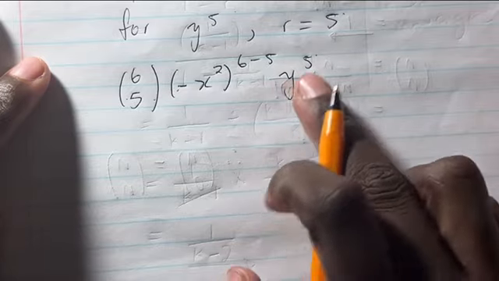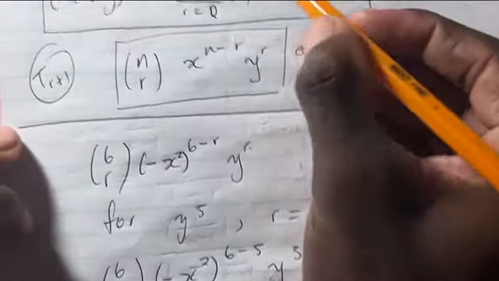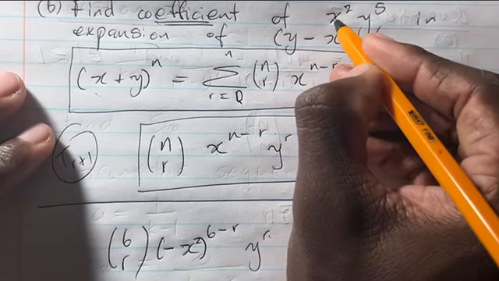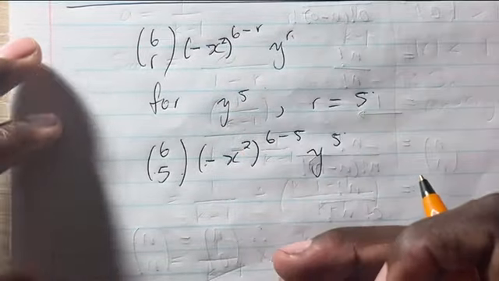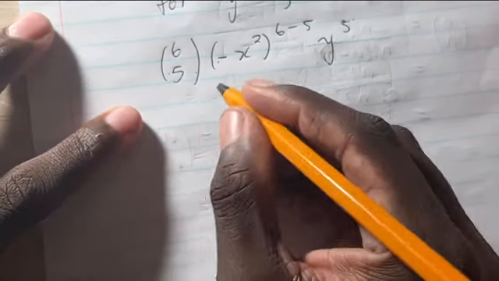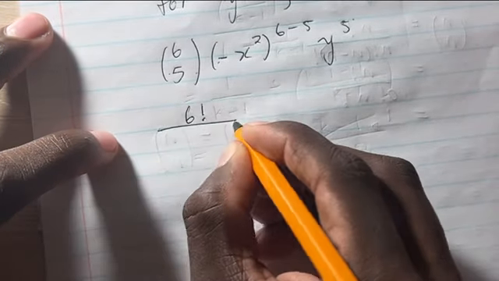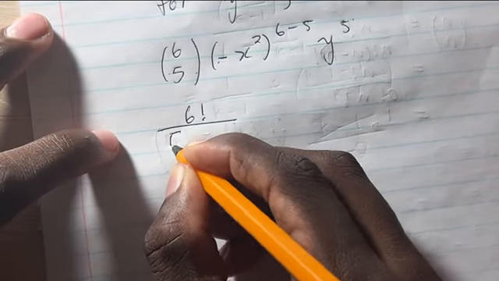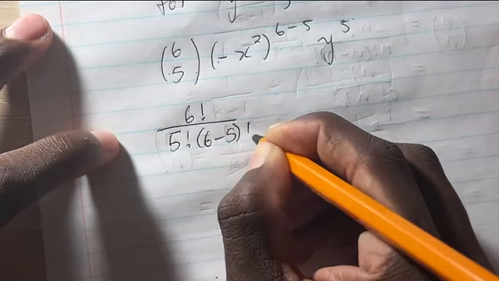So we have our y to the 5th now. We just need to confirm that this ends up being an x squared. If it doesn't, that means something is wrong with our formulation. We have 6 choose 5. Using that formula from the other question we just did, it's 6 factorial over 5 factorial times 6 minus 5 factorial.